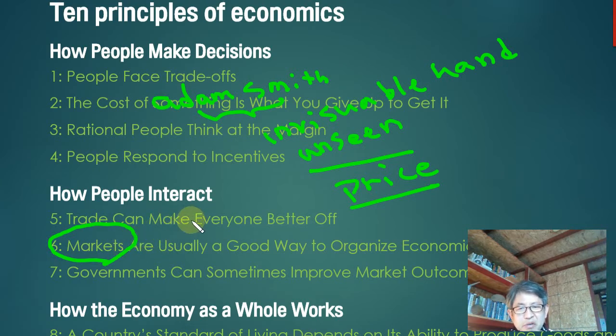But magically, there is an equilibrium that meets an ideal distribution of the article to a proper person. So he called this the magic hand. If the market is left to itself without intervention of any government, it is usually a good way to organize the economy. This is the meaning of that.